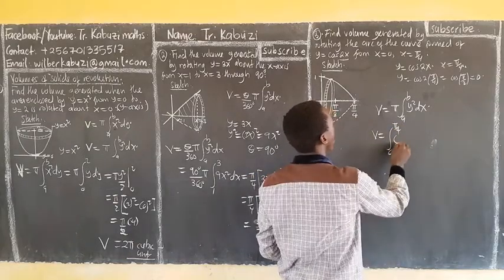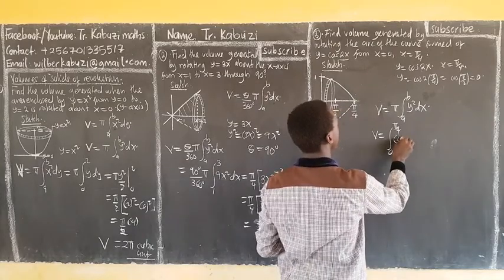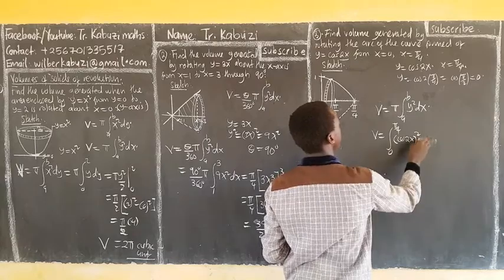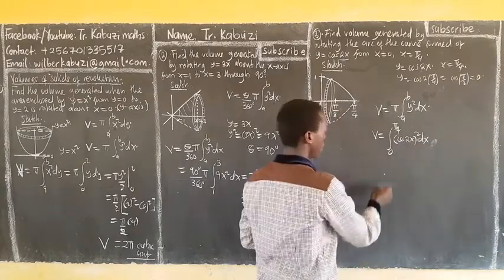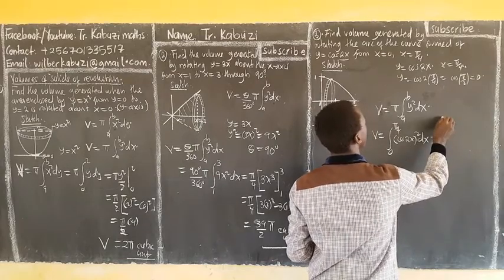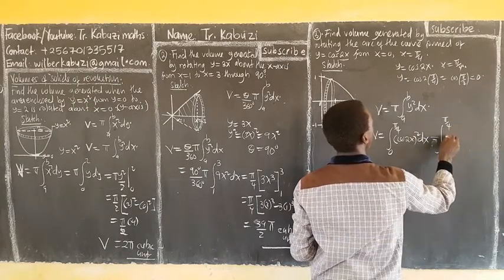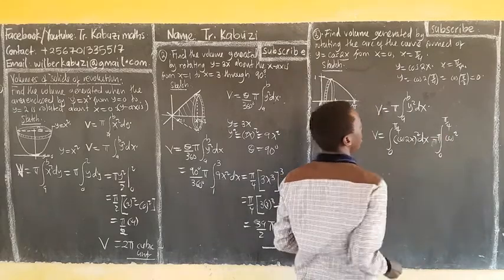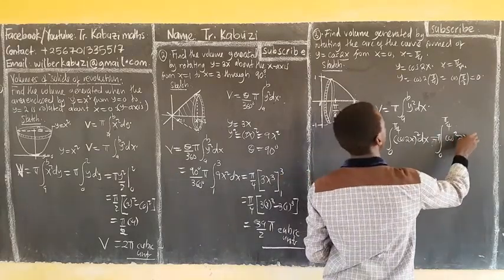Then y is, by this time I'm squaring it, dx, which will be the integral from 0 to pi over 4 of cos squared 2x. I mean, this is pi cos squared 2x.